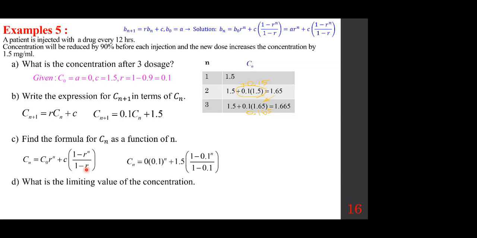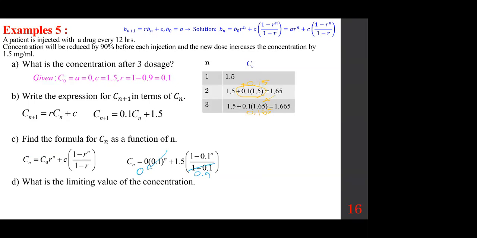Now, it's just a matter of simplification. And to simplify, we do exactly what we did in the previous page, starting with this. And this goes to 0 because C sub 0 is 0.